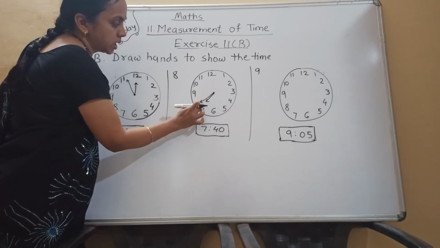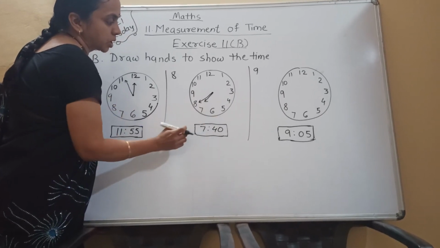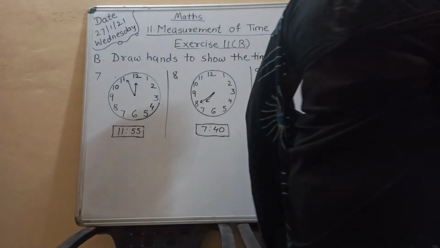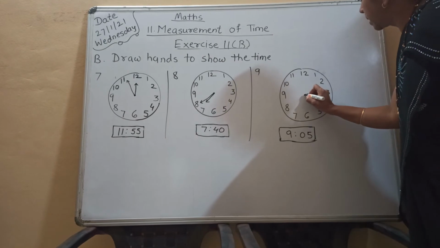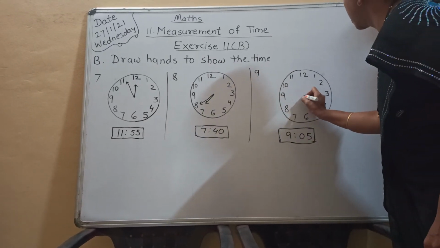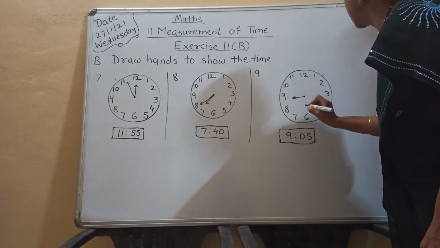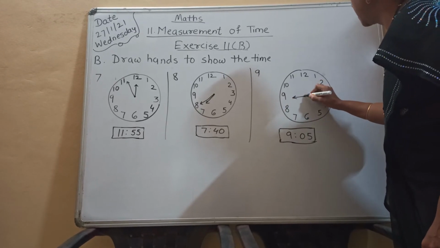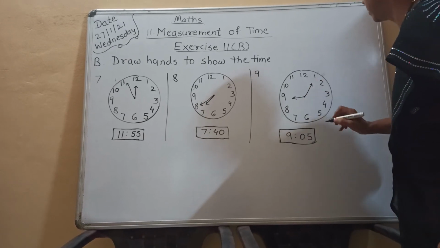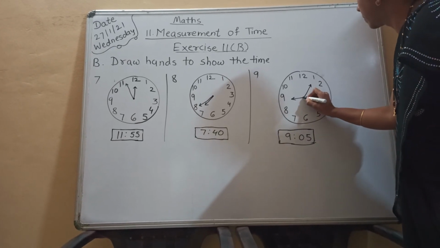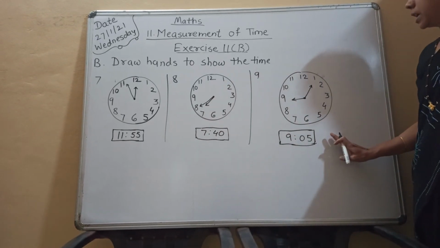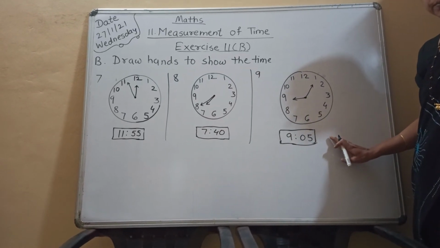Somewhat difference is there. So 7:40. Like this you have to draw. Now ninth example. What time is given? 9:05. So shorter hand is towards 9. 5 means 1. So like this you have to complete in your textbook.